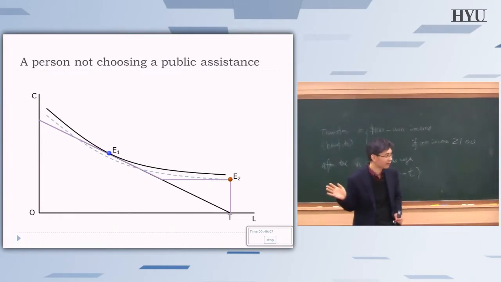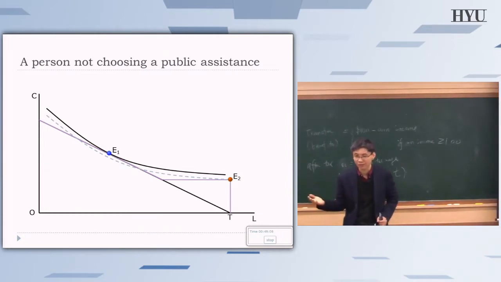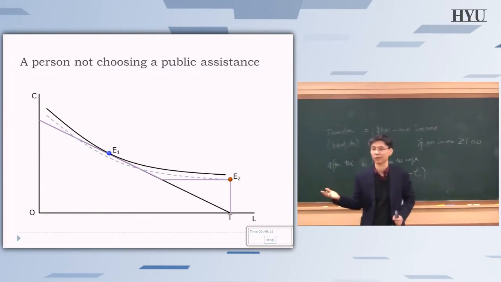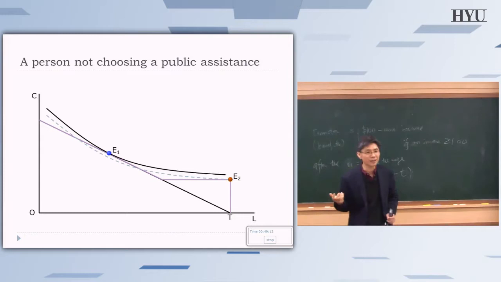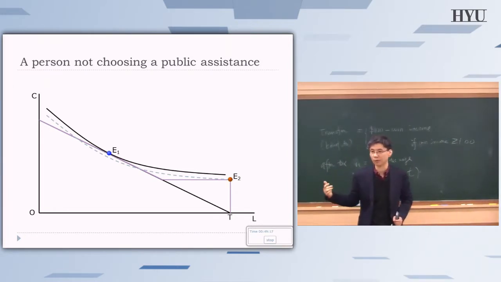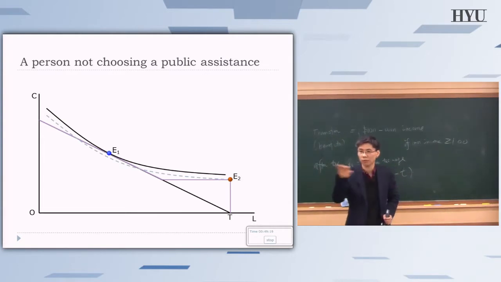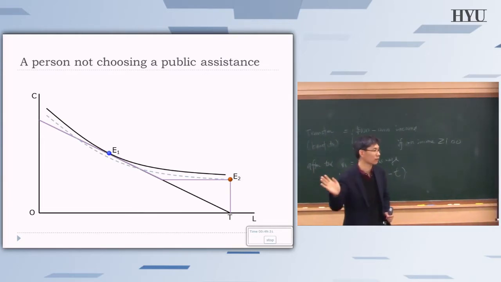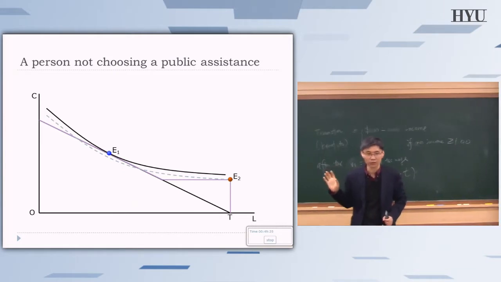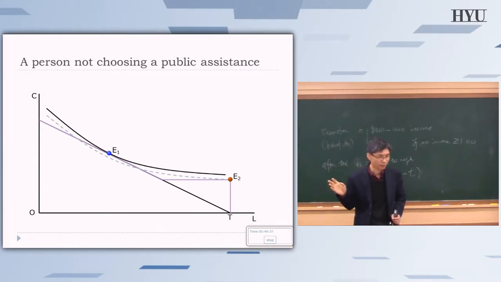I collect 100, and I do not have any incentive to get out of it. So it creates a group of people who are on welfare indefinitely. And if that size is, let's say, substantial enough, it can be a problem to the society.